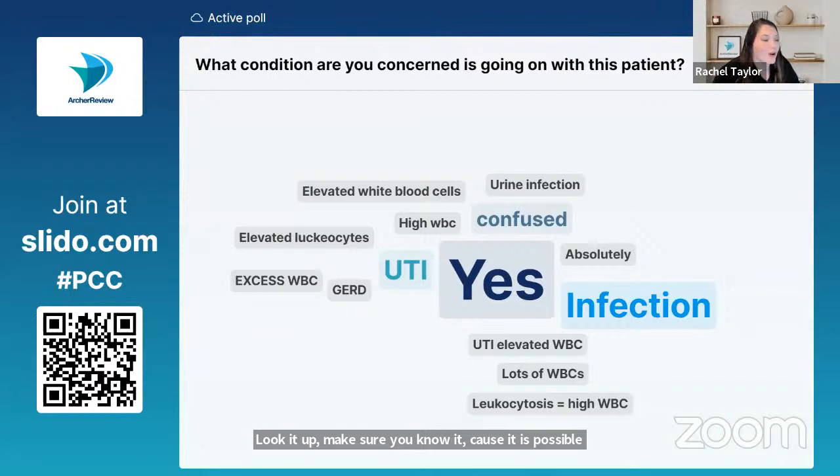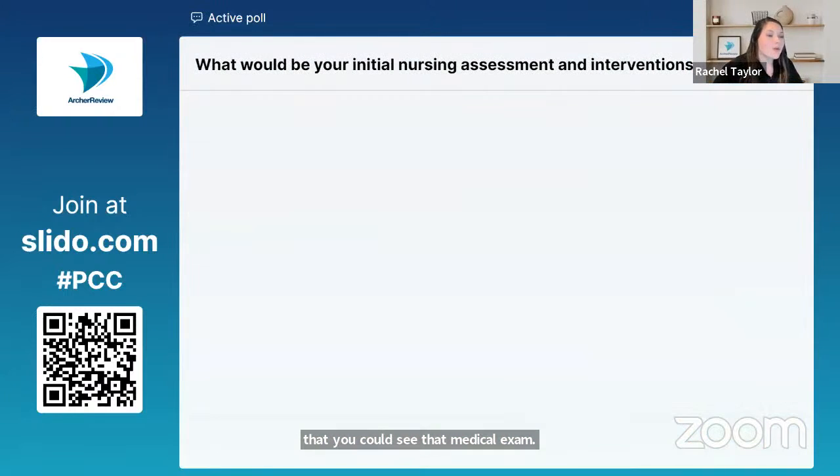Amazing job. You all are impressive. So what are you thinking? What interventions might we consider? What things might we see in our nursing assessment? What are we thinking right off the bat here?